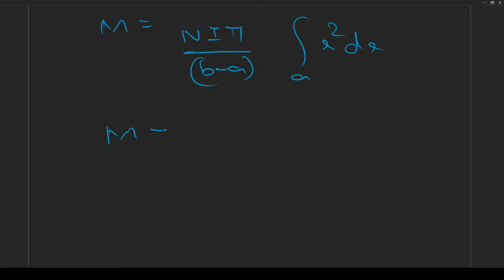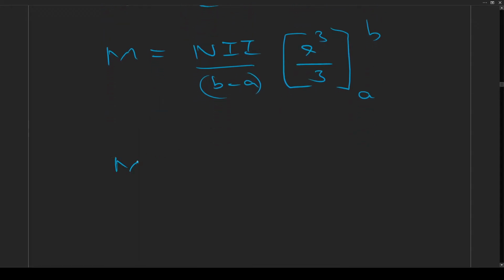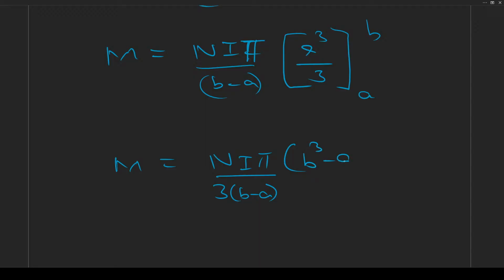We will get magnetic moment, which is equal to n I pi by (b minus a). Integrating r square, we will get r cube by 3. Limits from a to b, so M is equal to n I pi by 3(b minus a) times (b cube minus a cube).